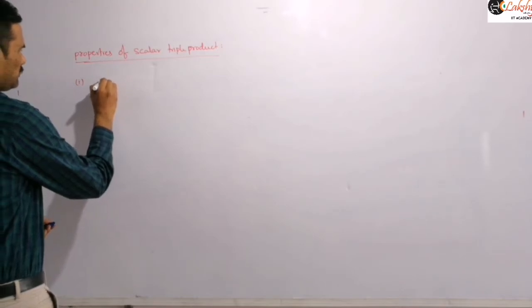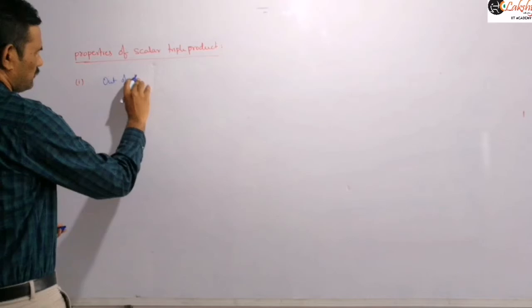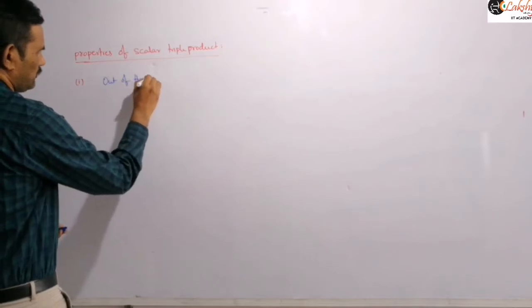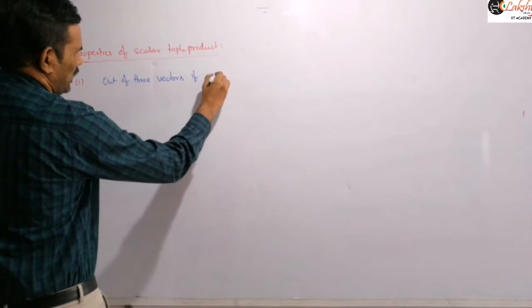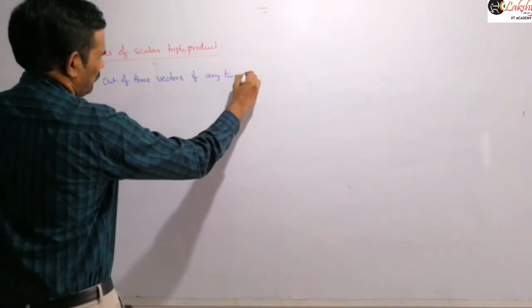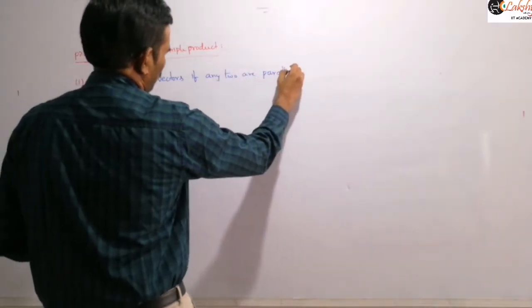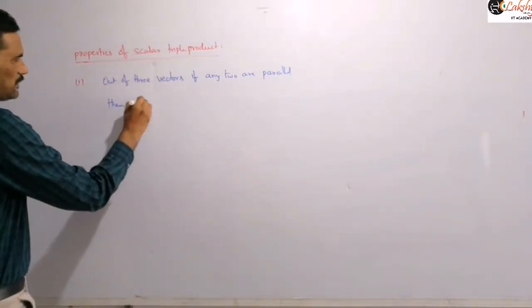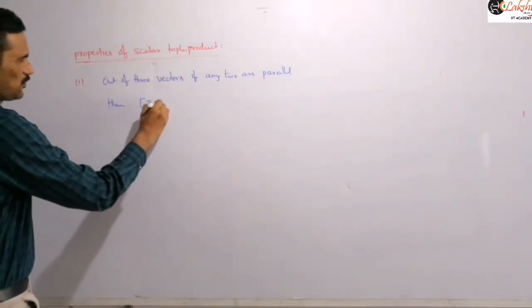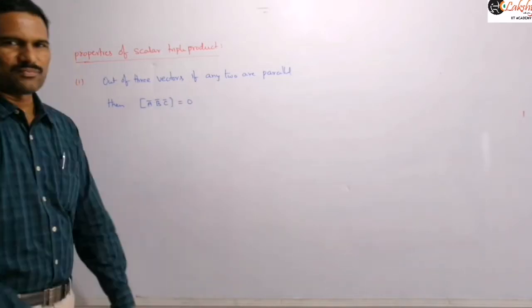Out of three vectors, if any two are parallel, then this scalar triple product A bar, B bar, C bar value will be 0.